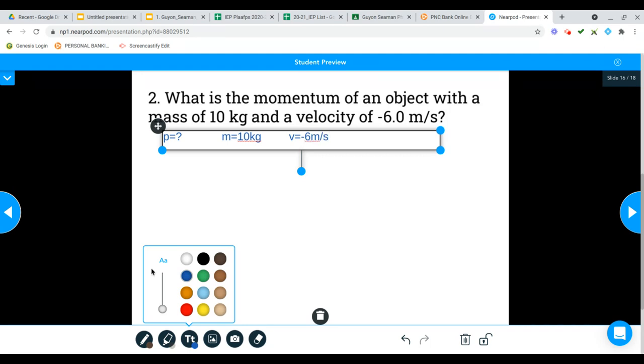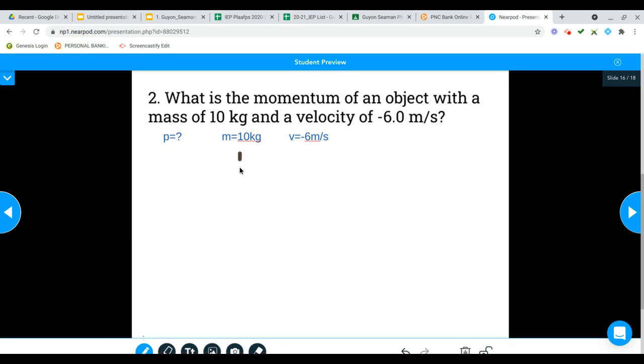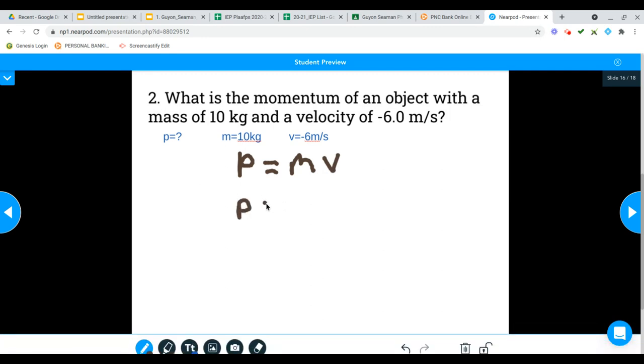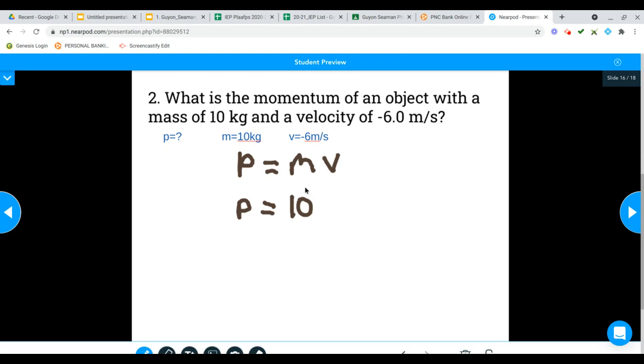Okay. So now I'm going to draw my formula. So again, P equals M times V. Looking for P, so that letter's going to stay in there. I'm going to substitute my number for M in place of the M, so it's going to be 10 right underneath the M there.